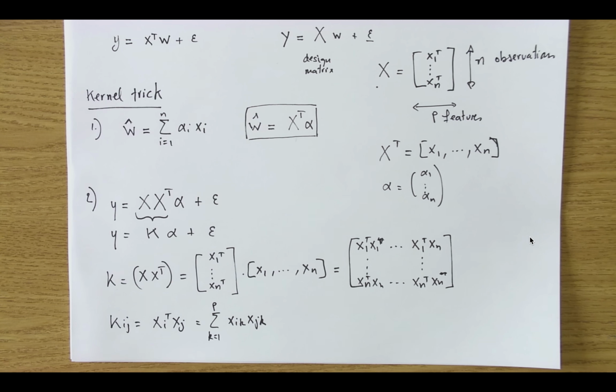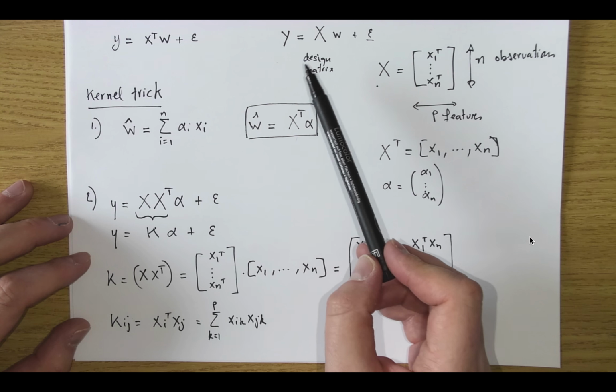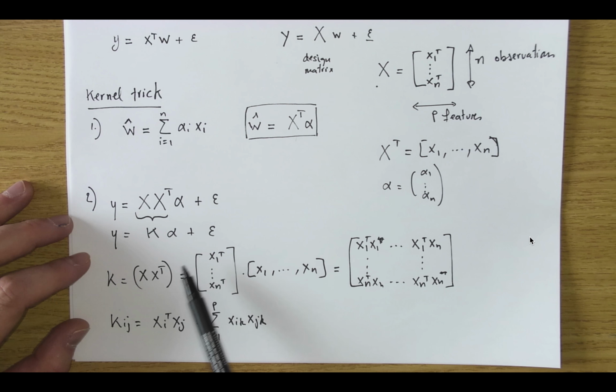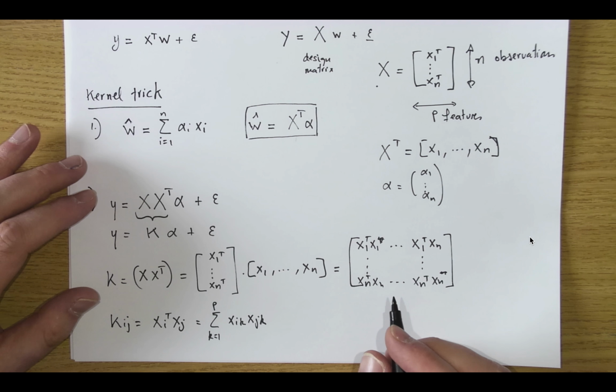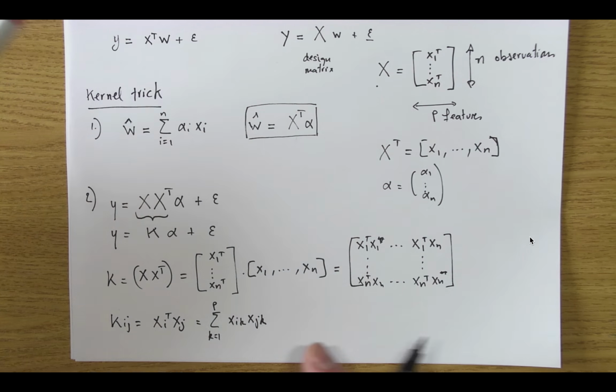All right, so we transform this problem into this new problem, and now we have a system of n equations with n unknowns. Let's look at the dimensions, which is the actually interesting part.